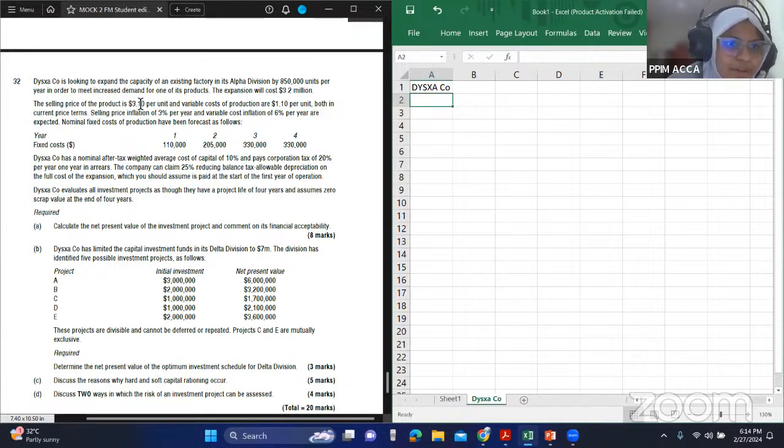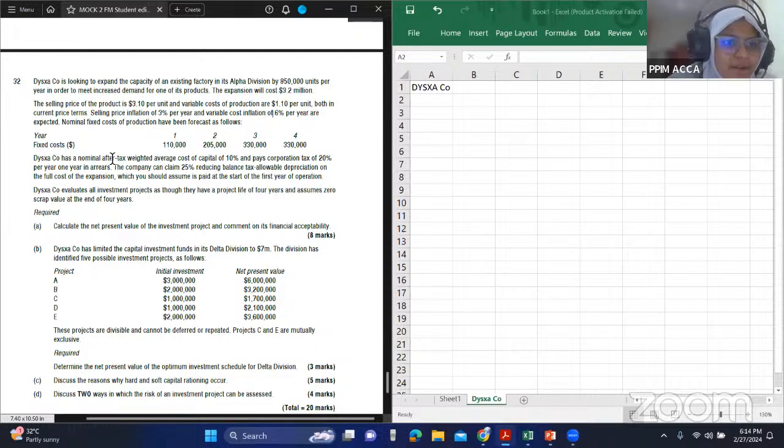So this 3.1 will inflate by 3% every year, and the 1.1 is going to inflate by 6% every year. That's what they're saying. Nominal fixed cost of production have been forecast as follows. So we have fixed costs as well. Year 1, 110,000. Year 2, 205, 330, 330.